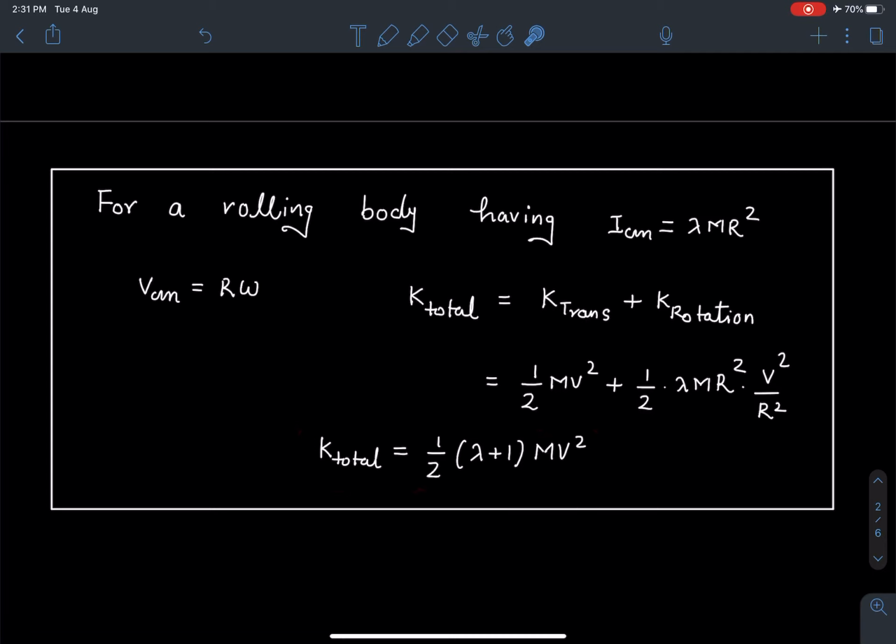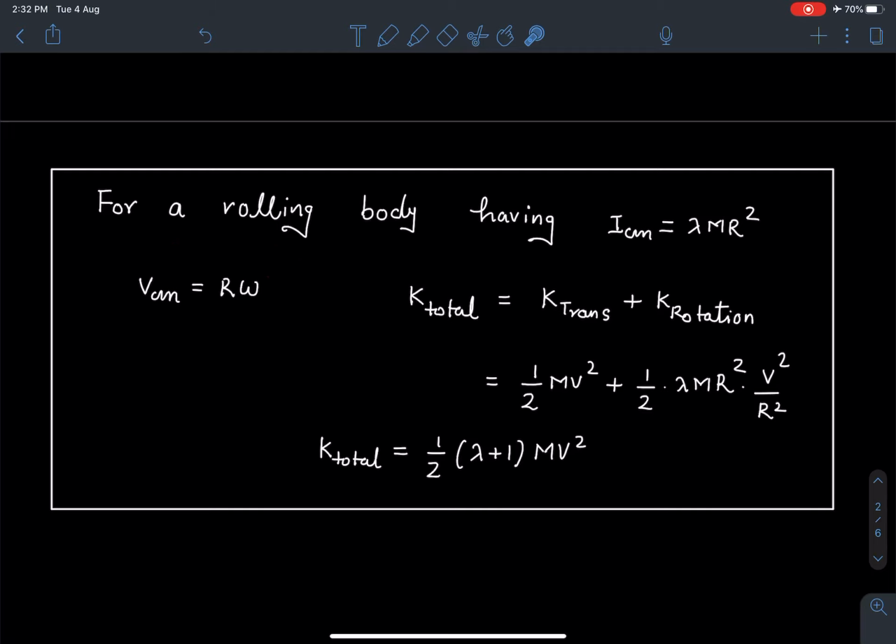It will reduce your calculations by at least 1 or 2 lines, which will give you some extra advantage of time while attempting exams like JEE Advanced or any other time-bound exam. So I'll suggest students to remember this result also. However, they must also remember that it is applicable whenever v_cm is exactly equal to r omega.